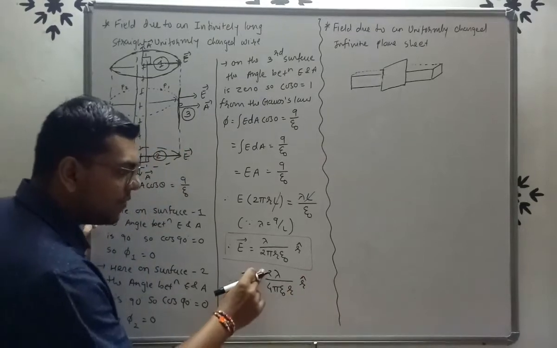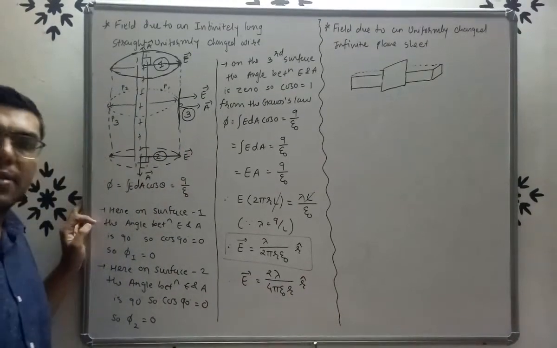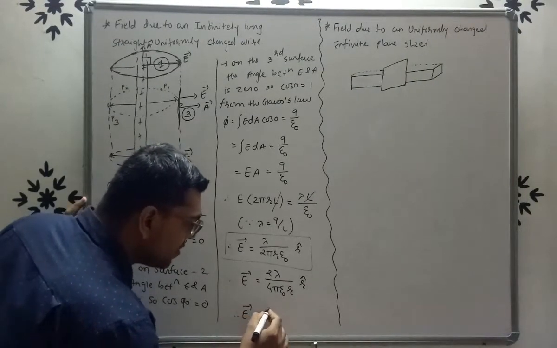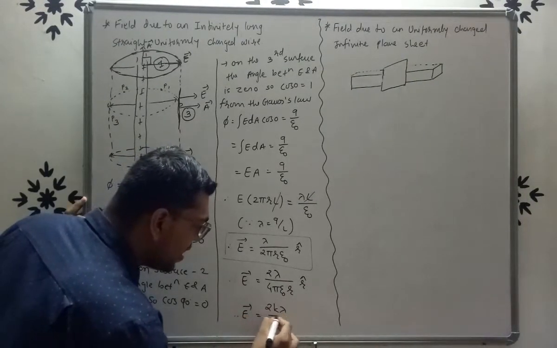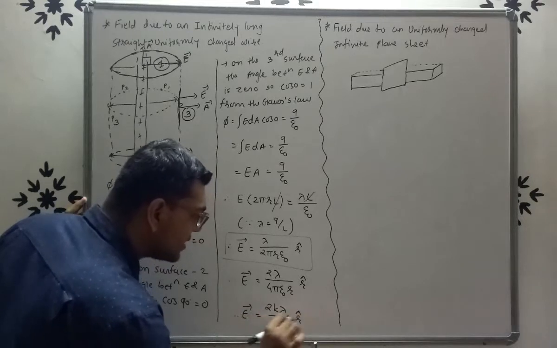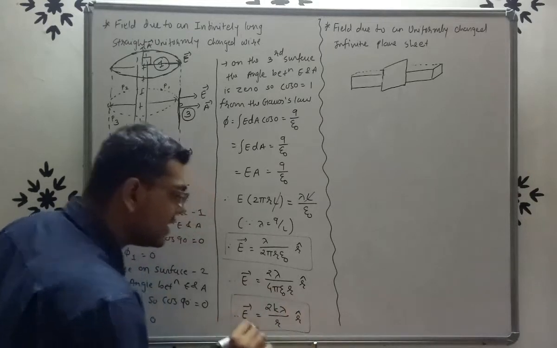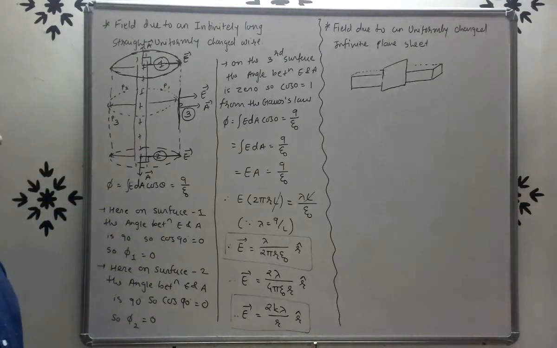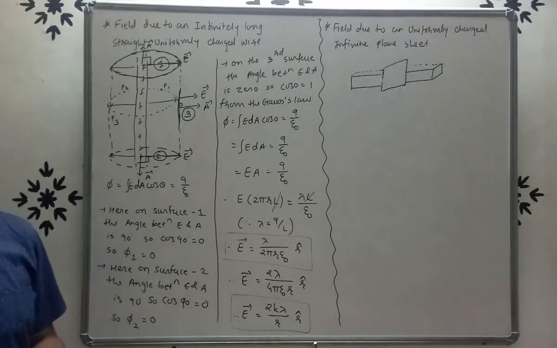Now we know that 1 by 4 pi epsilon 0 is equal to K. So we get electric field E is equal to 2K lambda upon R into the direction R cap, or you can say N cap as you wish. So this is the electric field due to the infinitely long straight uniformly charged wire.